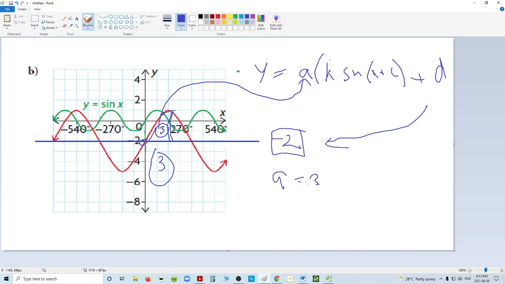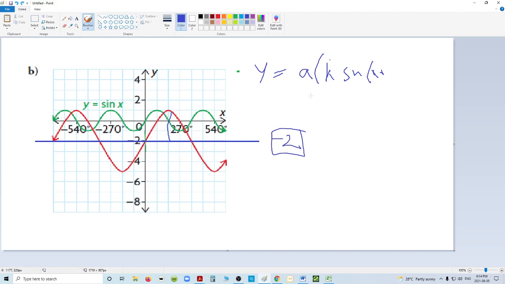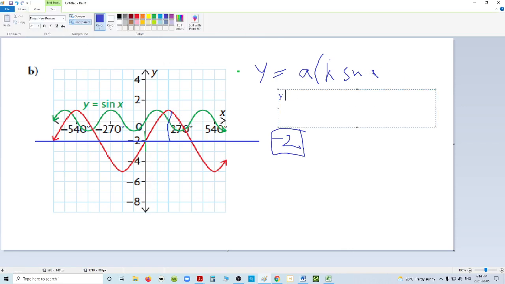And that's very straightforward. Now, notice the original period. I'm talking about y is equal to 3. We don't know k yet, and we don't know sine x plus c yet, but we do know -2. So notice it hasn't been shifted left or right. It indeed starts right here at 0.